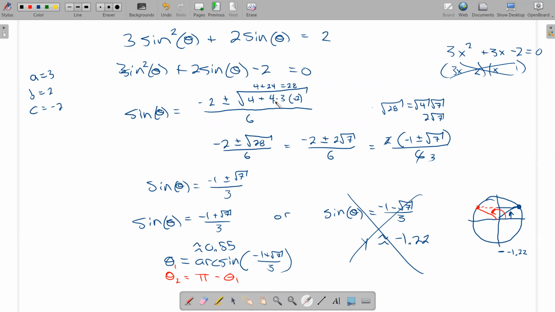That looks okay. 4 times 3 is 12, times 2 is 24. 24 plus 4 is 28. So you guys chime in if you see my error. I don't see it yet. Square root of 28. 28 is 4 times 7, so that's twice the square root of 7. Factor out the 2. Interesting. I don't see the error.